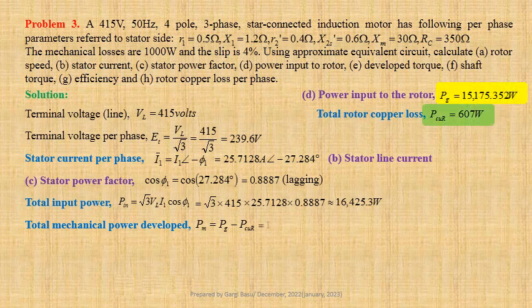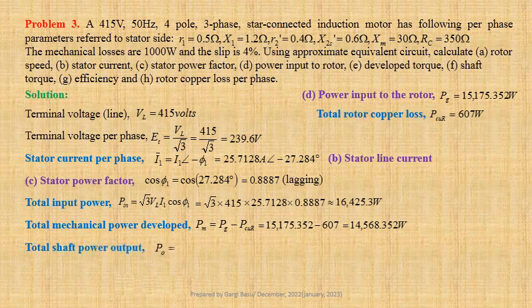Therefore, Pm equals 15,175.352 minus 607. That gives us 14,568.352 watt.